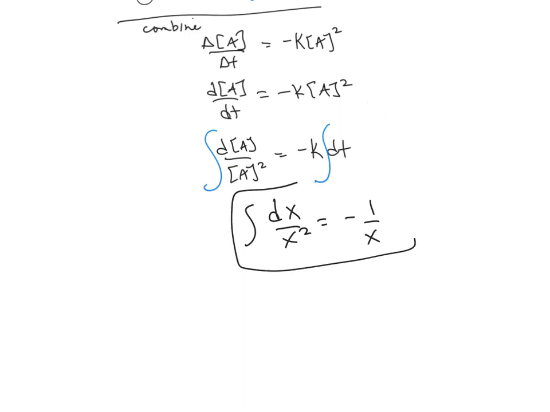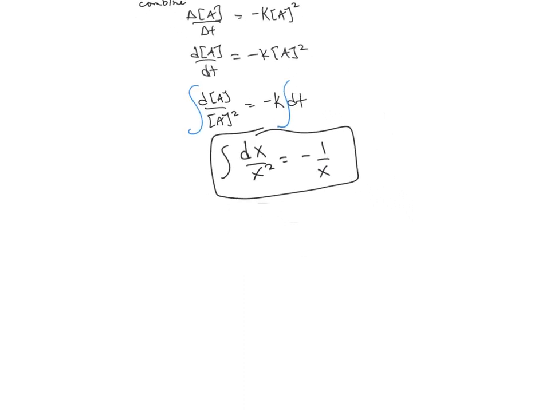So we'll use that on the left-hand side. All right, so plug in, and I forgot to put the limits in too. So when time equals 0, the concentration of A is A initial. When time is t, the concentration of A is A final, or A at that time.